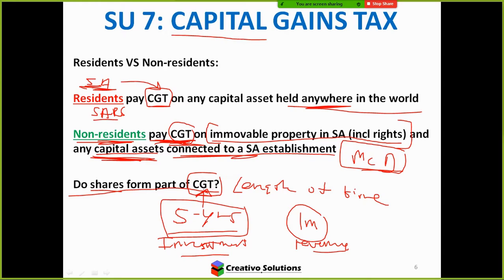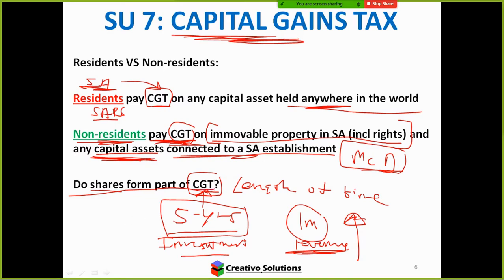The longer you hold an asset for, the more likely it would be seen as capital rather than revenue. And that's why it's important to understand the consequences of your decisions. Because if you're buying and selling shares frequently, then you are going to be taxed according to revenue, and the tax on that would be much, much higher than if it was considered capital gains.